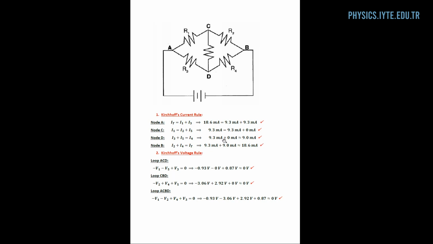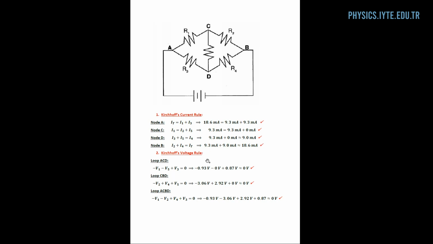So when we replace the values again, 9.3 plus 0 is equal to 9 milliamps. At node B, again, the incoming currents are I2 and I4, and the current that's going out is the total current IT. When we sum I2 and I4, we see that that's nearly equal to 18.6 milliamps.